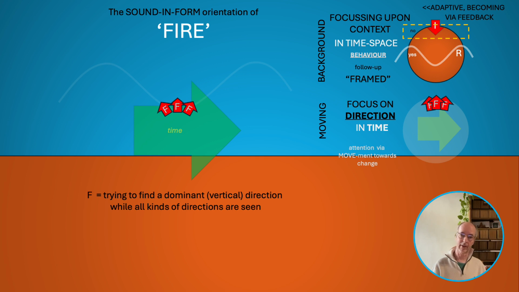Here it is about directions in 3 directions at the same time, in which we try to follow all kinds of directions, but we try to find the most dominant direction in it. That's how I explain the letter F. We try to find the dominant, and in this way also the vertical direction that we can take out.